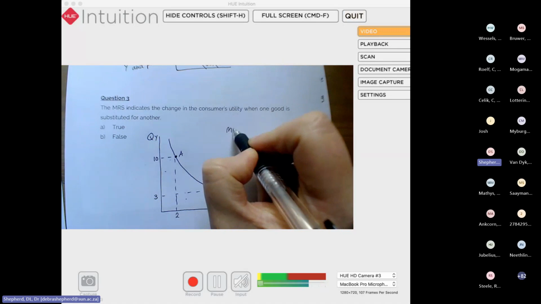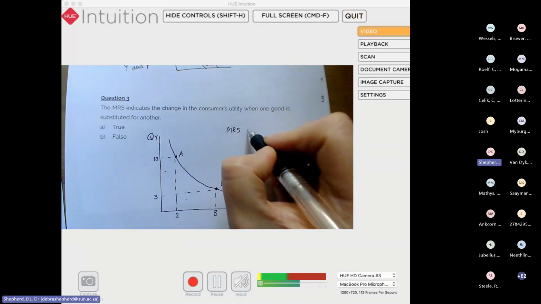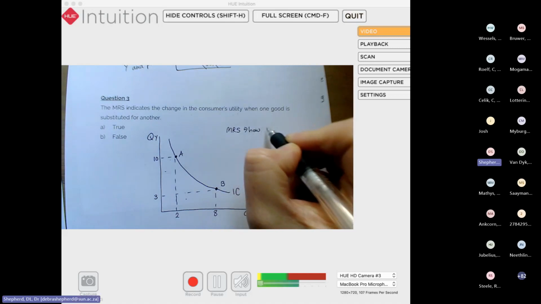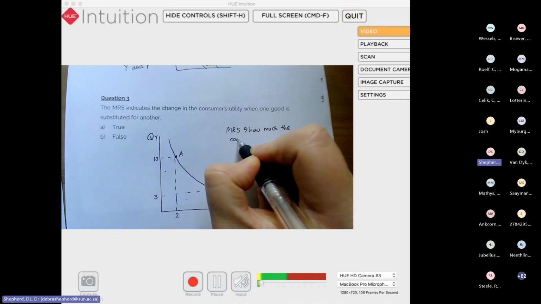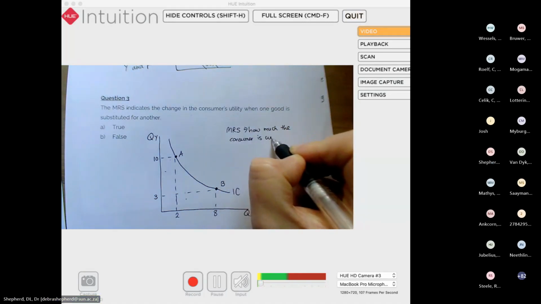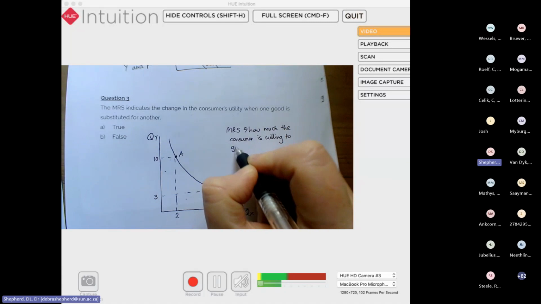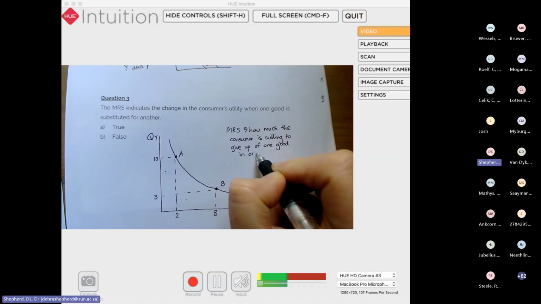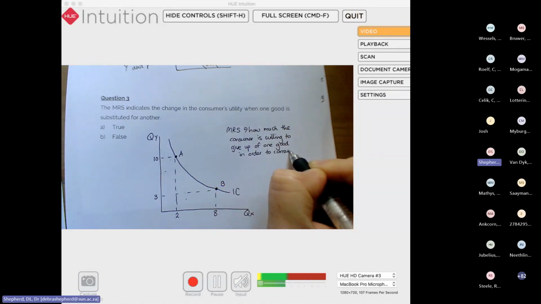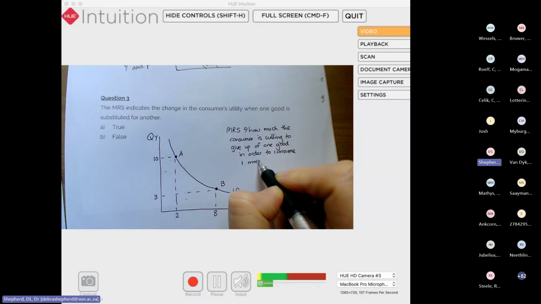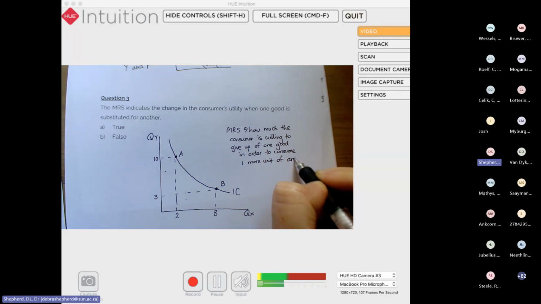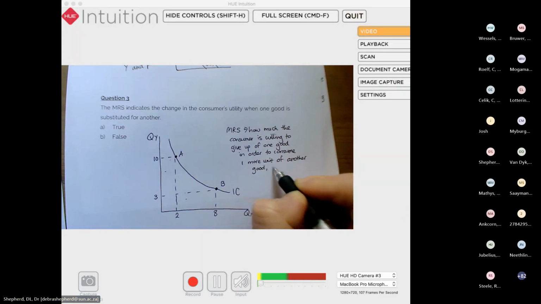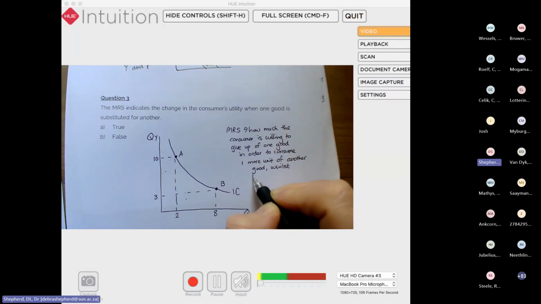So the marginal rate of substitution tells us how much the consumer is willing to give up of one good in order to consume one more unit of another good whilst keeping their utility constant.